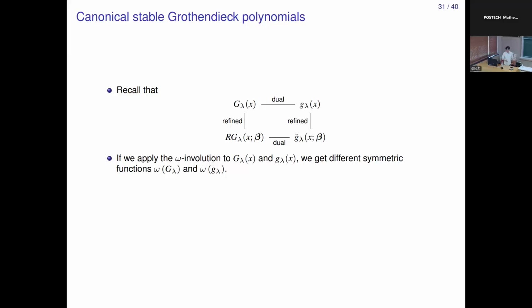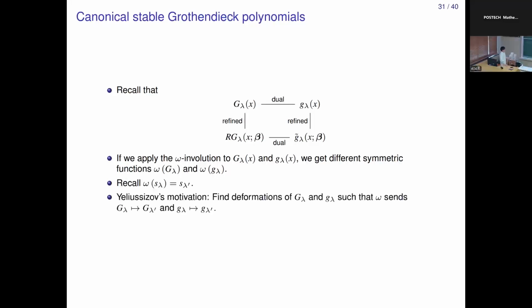For the Schur function case, if you apply omega, then it's still a Schur function. Although lambda is changed to lambda prime, it's still a Schur function. So as a family, you don't get anything new. But here, we may get something new. Instead of considering this, Yeliussizov was wondering, can we modify this so that it has similar properties as the Schur function? The Grothendieck becomes Grothendieck with lambda prime.